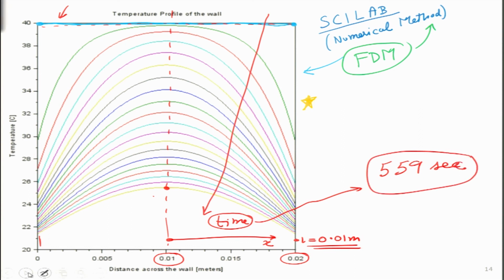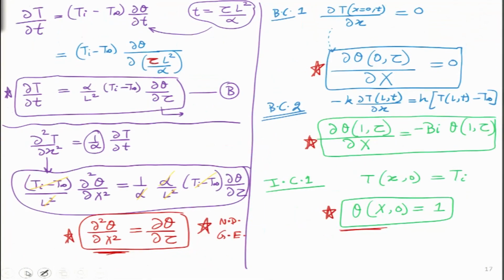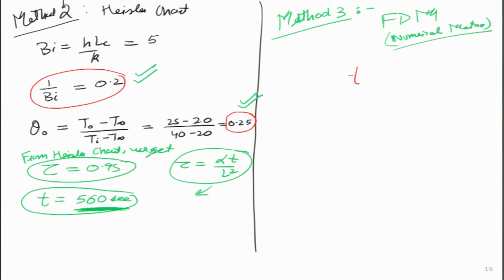Which means I will go back and write that value over here. You can see this is about 25 degrees. So this solution tells us at what time the temperature at the mid plane is 25 degrees, which is what we wanted to figure out. So method 3 gives me a time value of 559 seconds.